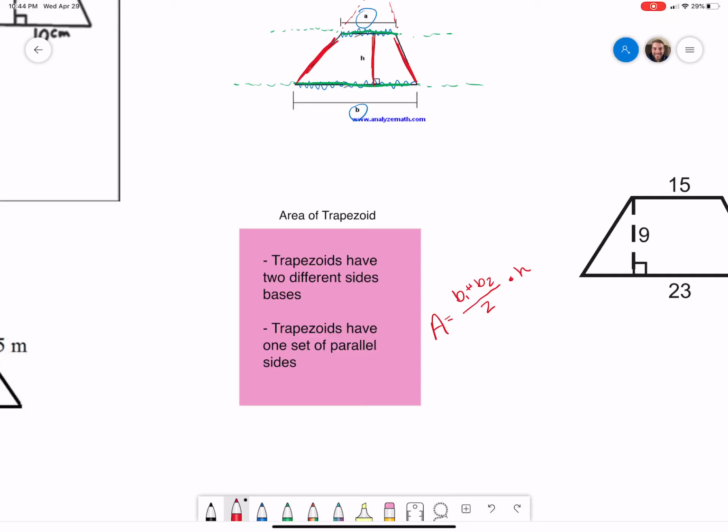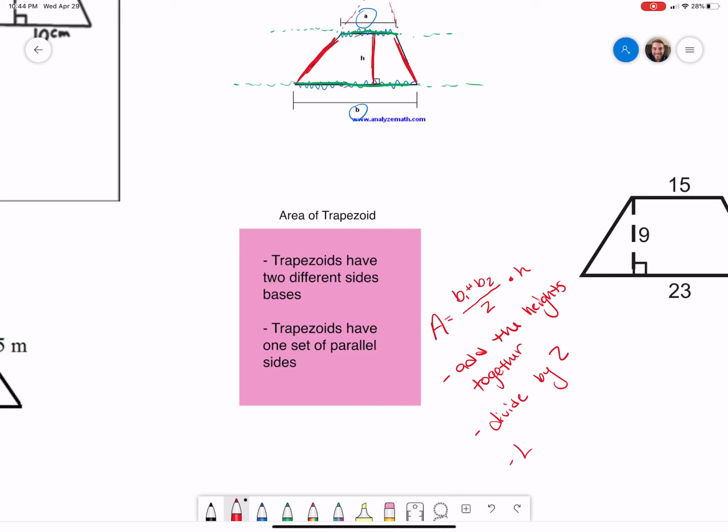I'm going to make a couple notes. Here's how you solve them. You add the bases together. Divide by 2.